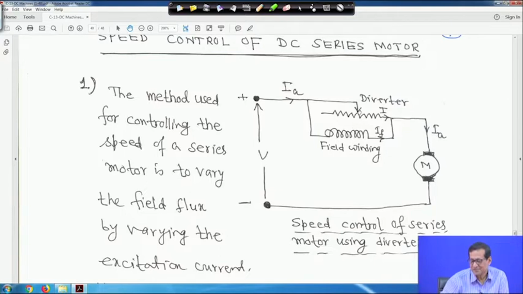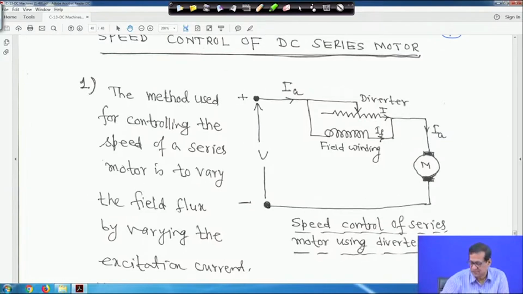This is the total armature current IA, and the same current goes here, but part of the current will flow through the diverter and part of the current flows to the field winding, right. That means IF plus I is equal to IA. So you can control this field current by adding a diverter. Diverter means part of the current is diverted to this variable resistance, which you can vary.